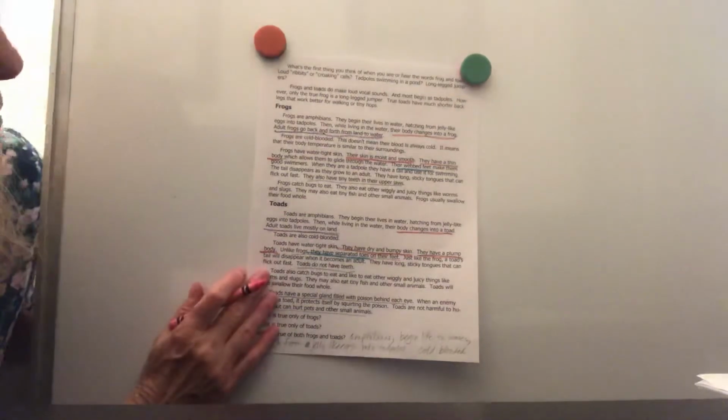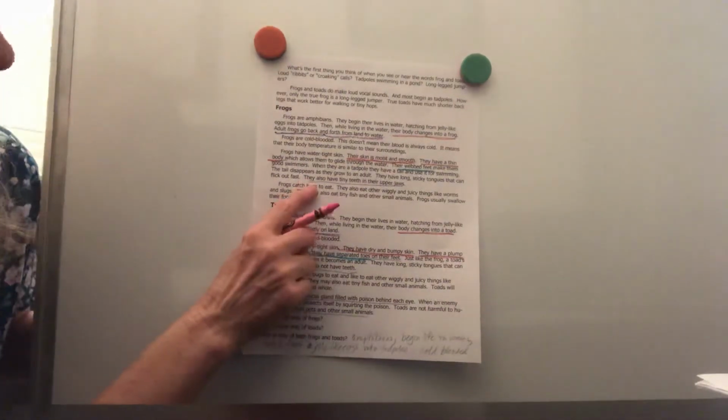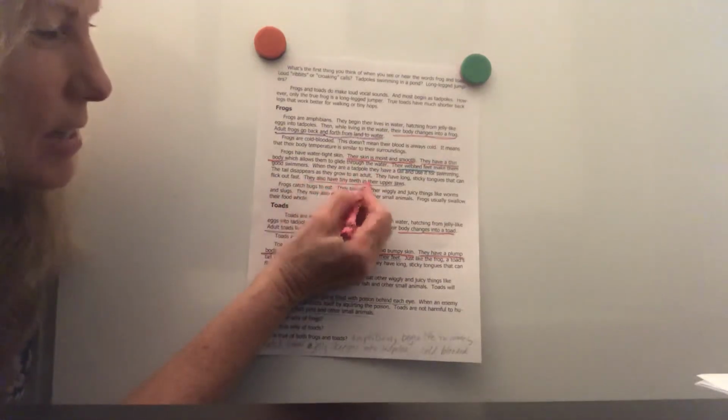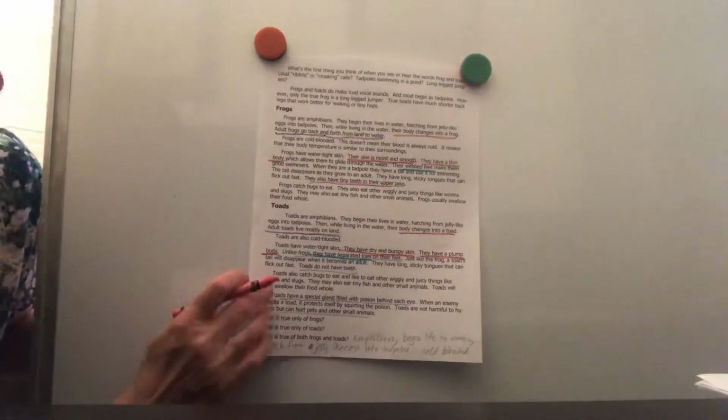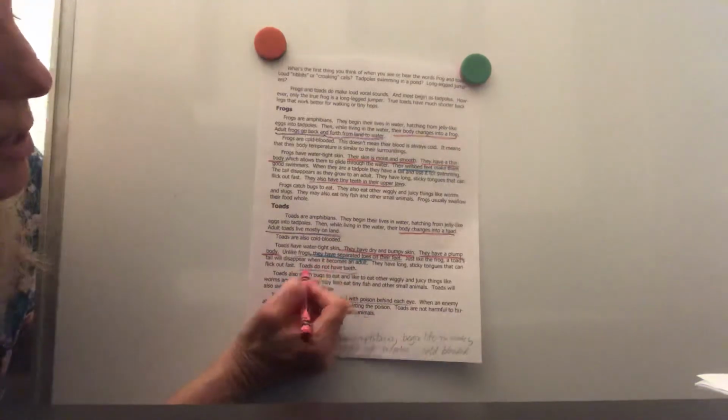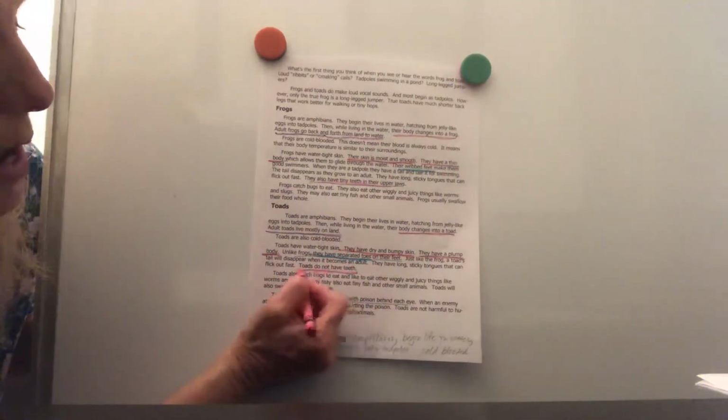And then I found another difference up here with frogs. It said they have tiny teeth. Tiny teeth. And then when I read down with toads, it says toads do not have teeth. So this one has teeth and this one does not, all right?